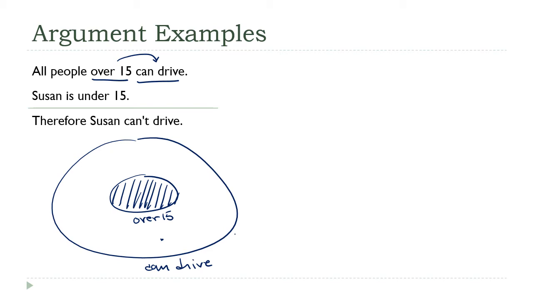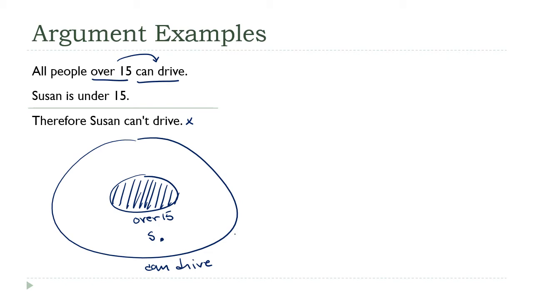So it's possible for Susan to be here. It's possible that she is within the can drive circle. And if she is, then this is false. So that does not always, under all circumstances, have to be the conclusion. It doesn't have to be true.